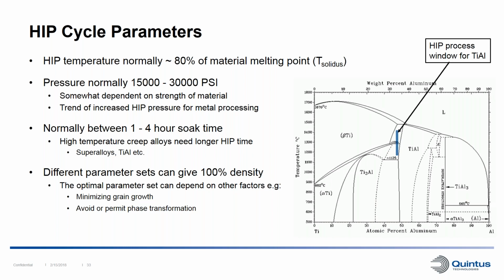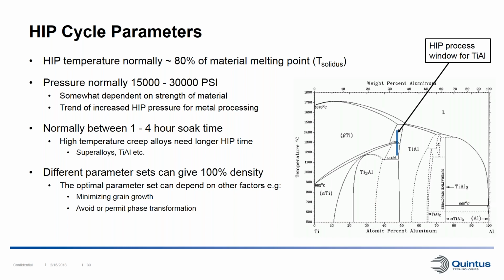For example, you might want to minimize grain growth when HIPping, and in that case, you probably want as low a HIP temperature as possible and as short a soak time as possible, but still reach 100% density. So you might also want to increase the pressure as compensation.